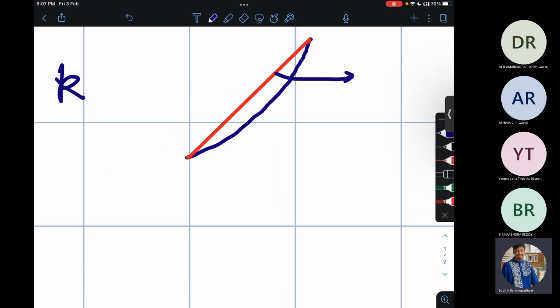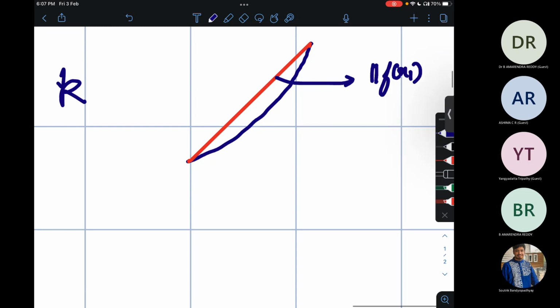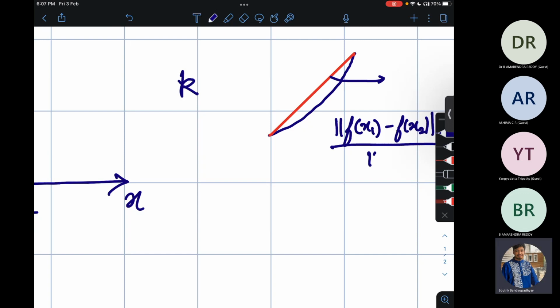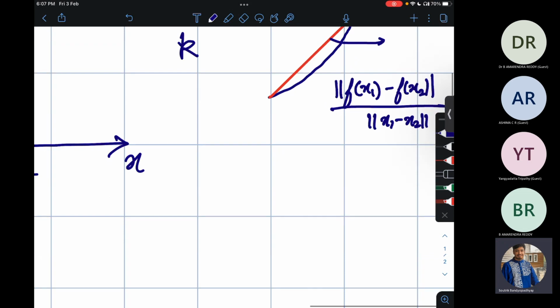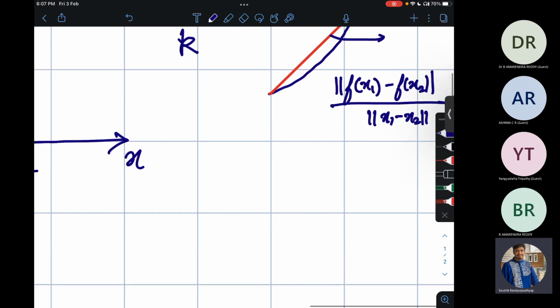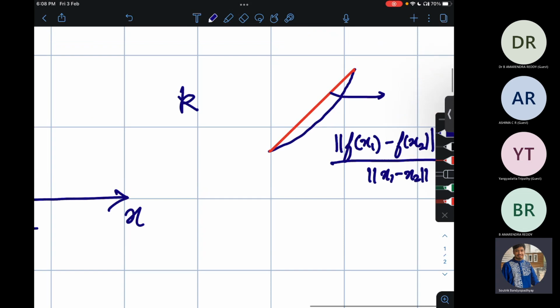This slope is essentially norm of f(x1) minus f(x2) divided by norm of x1 minus x2. And the norm is essentially the distance between these two for the scalar case. So this is the slope of this red line over here.